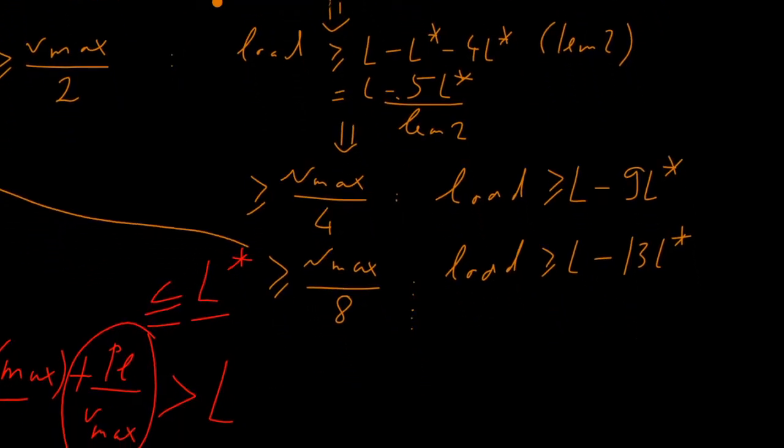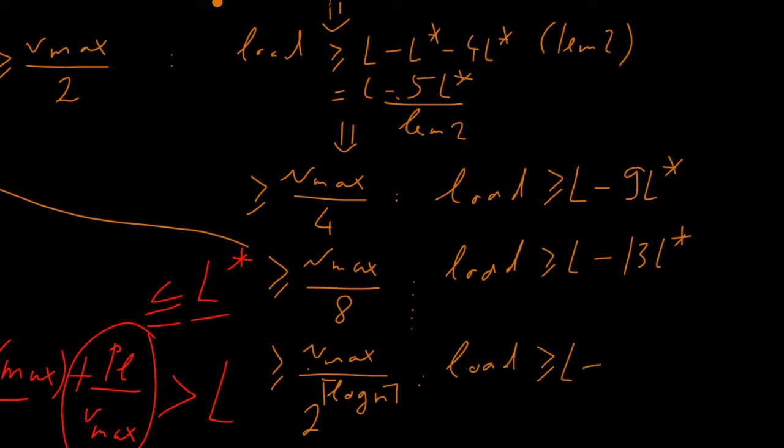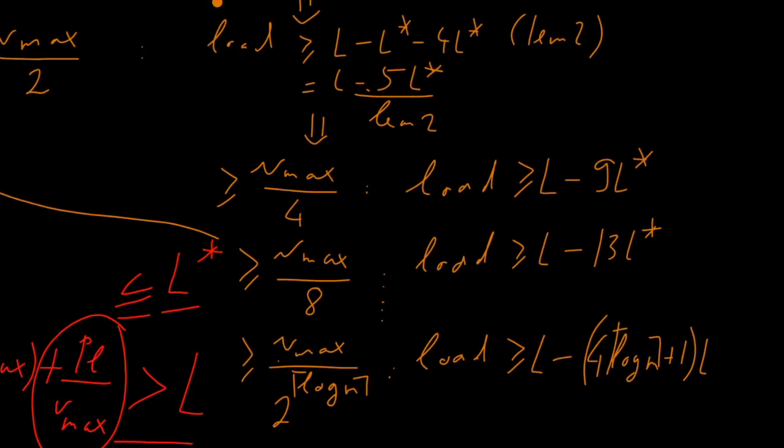I do this log m times, right? So if I have the machines of speed at least V max divided by 2 to the ceiling of log m, then the load of these machines will be at least L minus (4 log m plus 1) times L star. Why am I doing this?